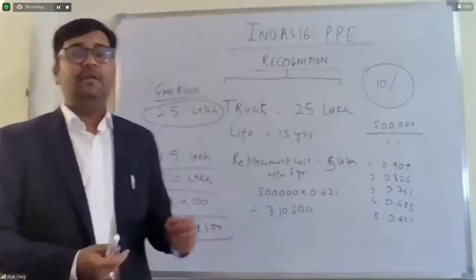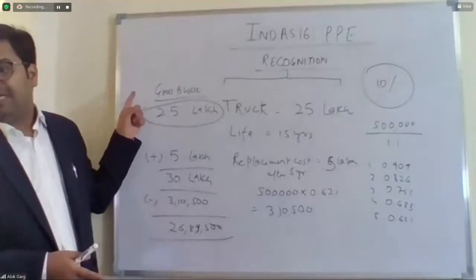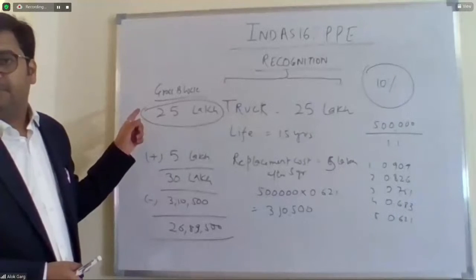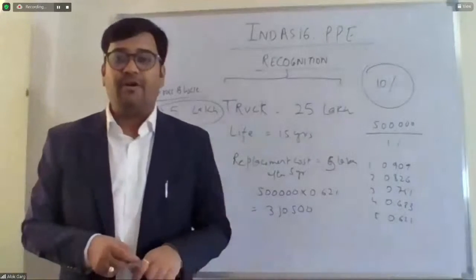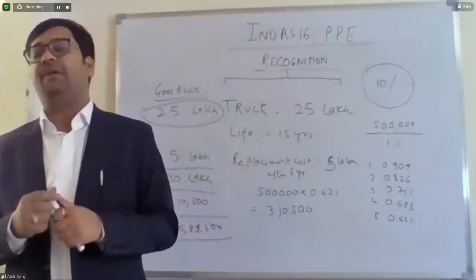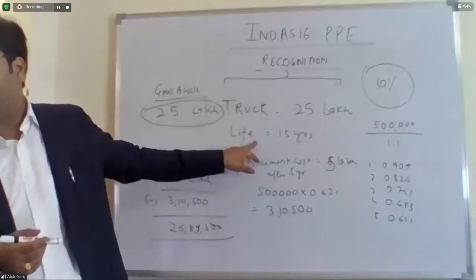So Kaustav, that is why I have started from the gross block concept, not from the net block concept. Because in the books there must be a carrying value of that particular engine, because the life of the asset is 15 years, not 5 years.